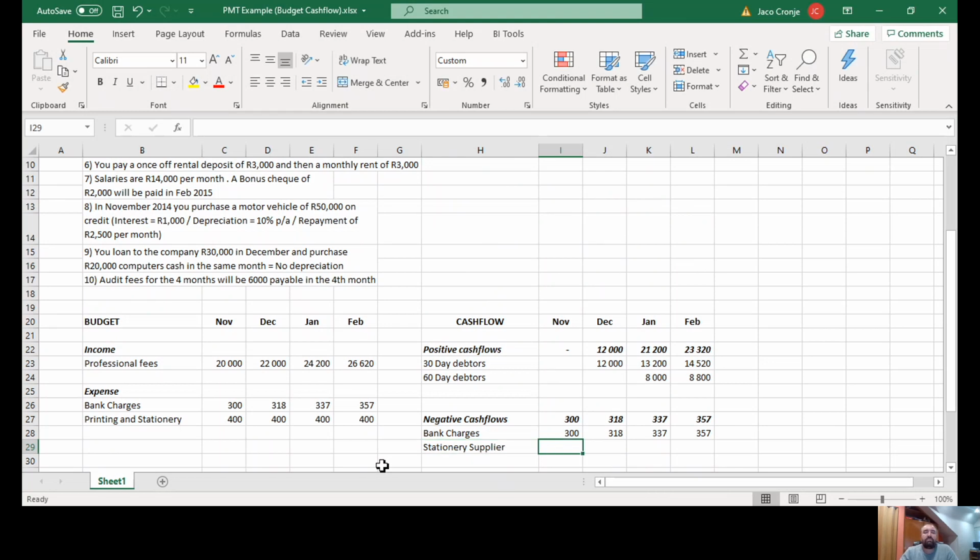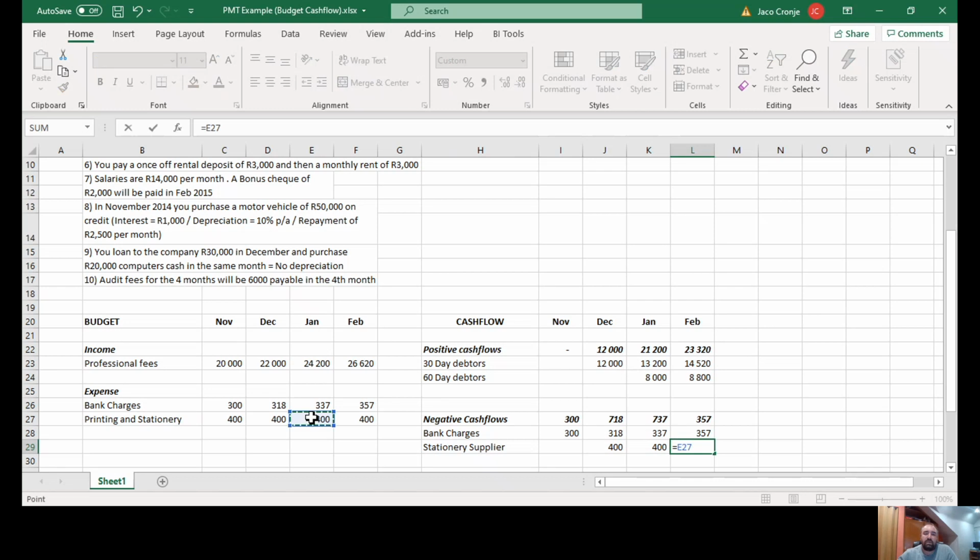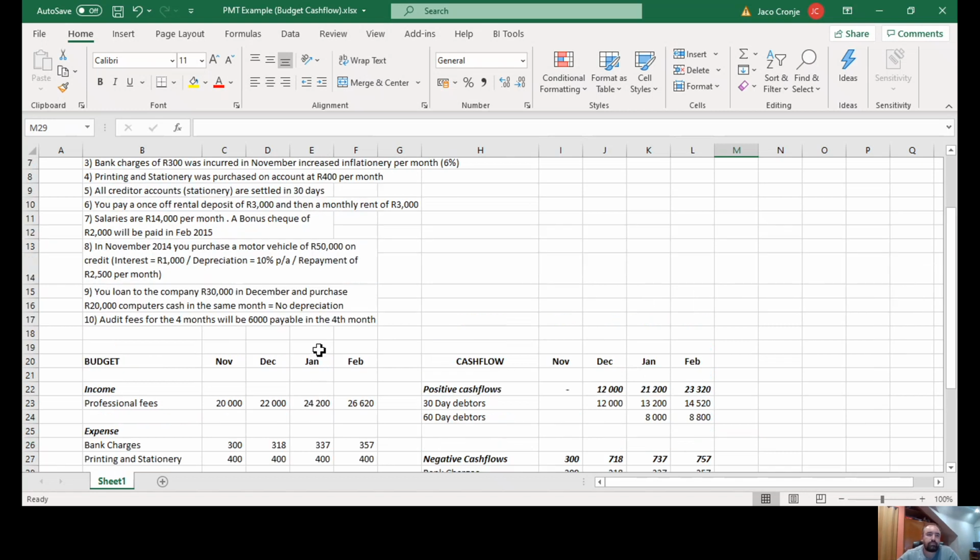In November, I will have no cash outflow because I only incurred the expense in November. So then I'm going to say in December, I pay my November charge. In Jan, I'm going to pay my December one, and in Feb, I'm going to pay Jan. I'm going to pay Feb in March, but it's not required.